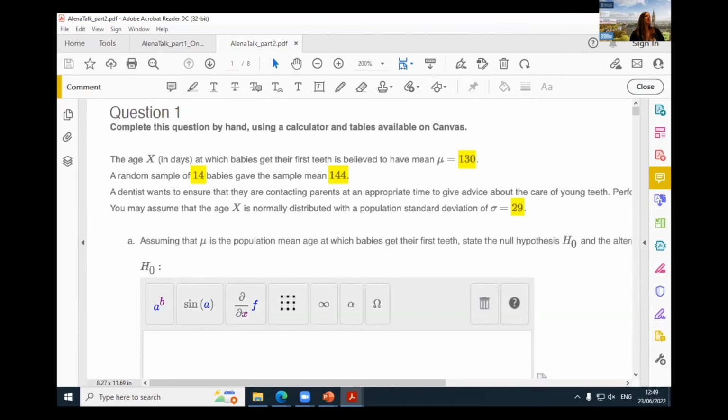In this question, students are asked to do calculations by hand using calculators and tables. The highlighted parameters are randomly generated, so every student has different parameters. You can see that we have hypothesized mean, randomized sample size, sample mean, and population standard deviation.